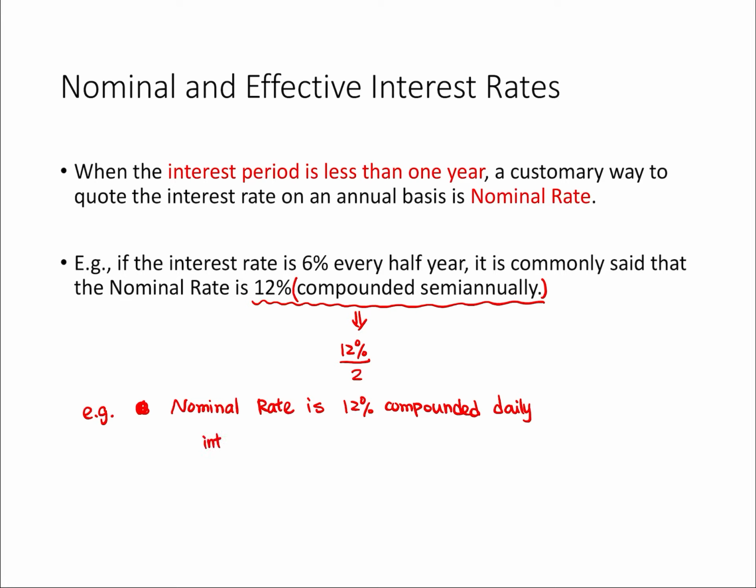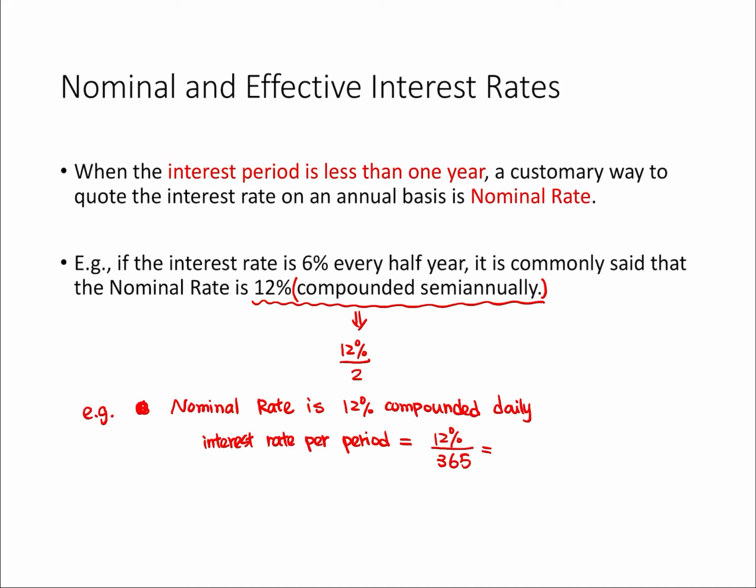And then your interest rate per period will be 12% divided by how many times you do the compounding. So it's in a year, okay? So it's 365 times.